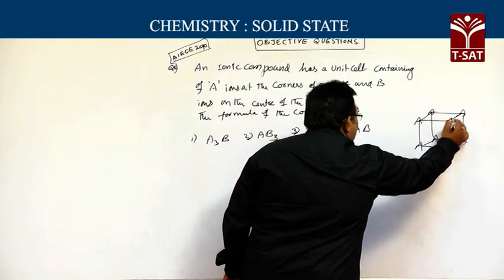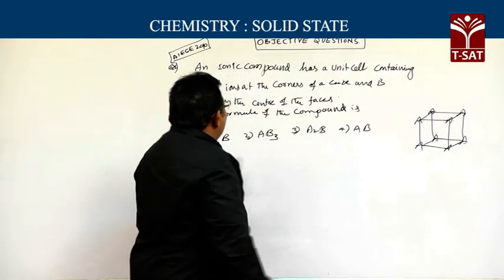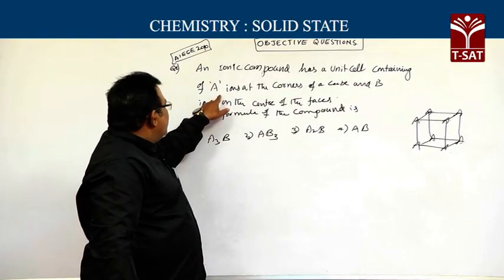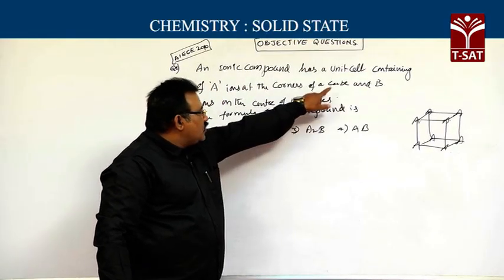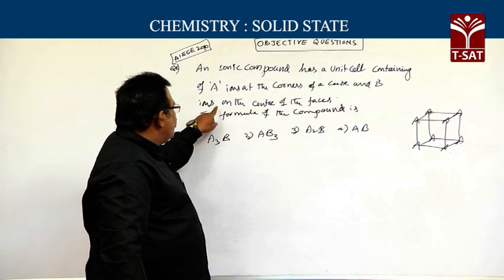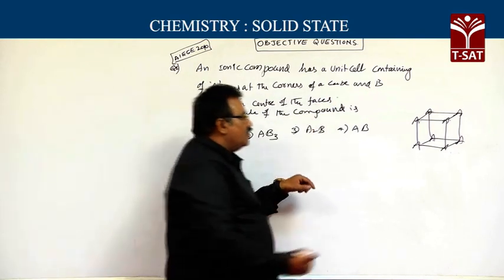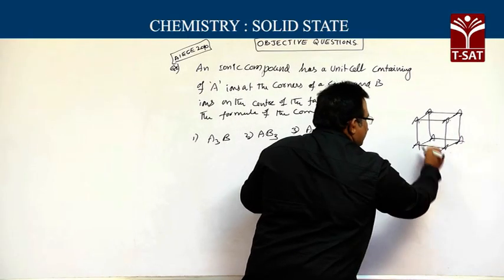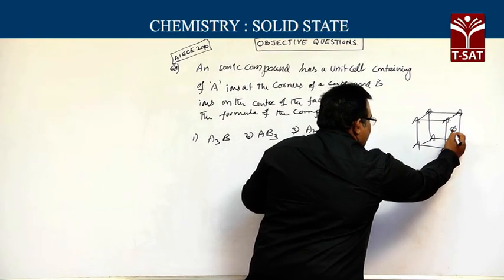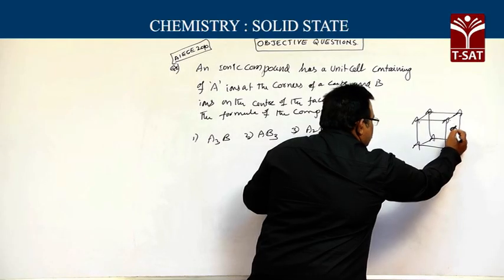Total 8 corners. So, A ions are at the corners of a cube and B ions at the center of the faces. How many faces in a cube? 6. Here B atoms are present.